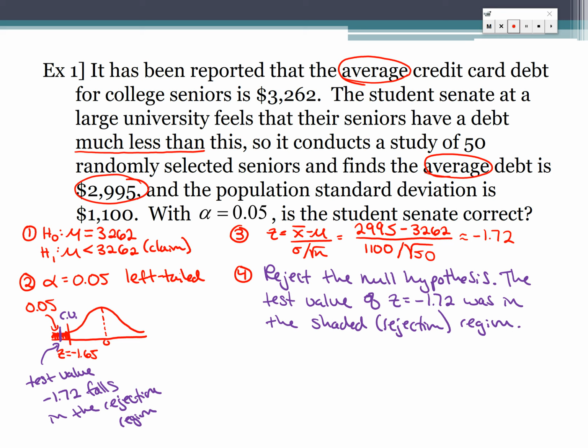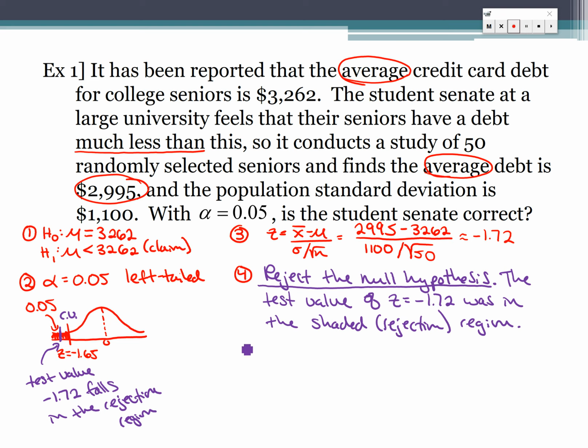So if you want to put that little blurb there, you can. If you drew the picture and wrote the little note, like I said, come test time, or if we're taking a little quiz, whatever the case may be, I'm fine if for step 4 you just tell me if you reject or not reject. That's all I need. But for your notes, you might want to have that extra little explanation there.